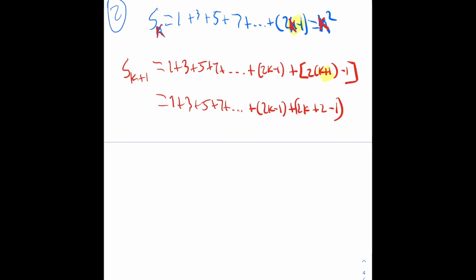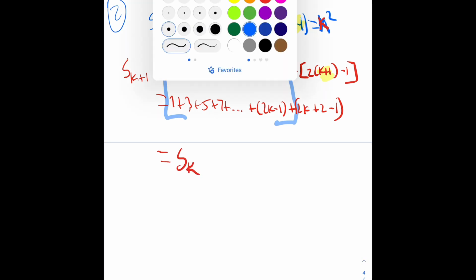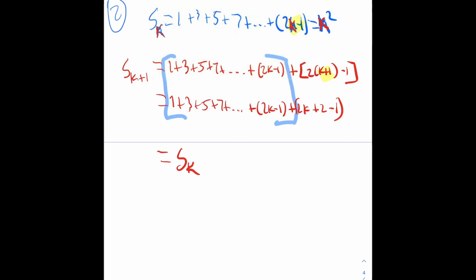Again, I can simplify certain parts of this. So really, if we look here, all of this is exactly the same. So I'm just going to go ahead and call that S k. And then what is different is this part, 2k plus 2 minus 1.